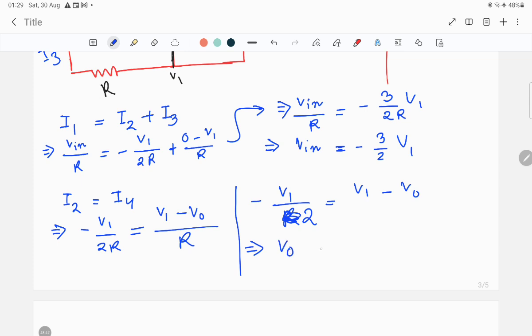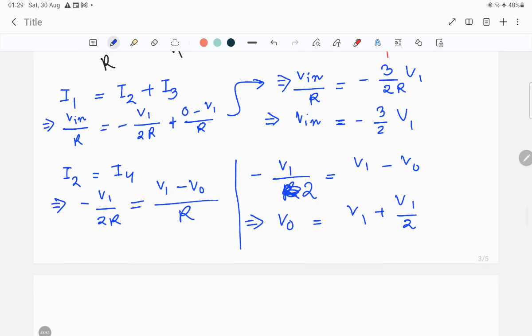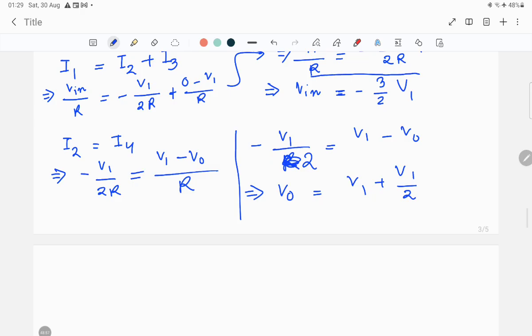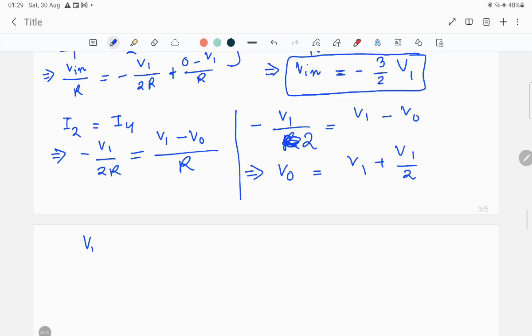So V0 will become V1 plus V1 by 2. So from this equation, V in is equal to minus 3 by 2 V1, and from here we have already formulated V out is equal to 3 by 2 V1. So definitely V out will be equal to minus V in.